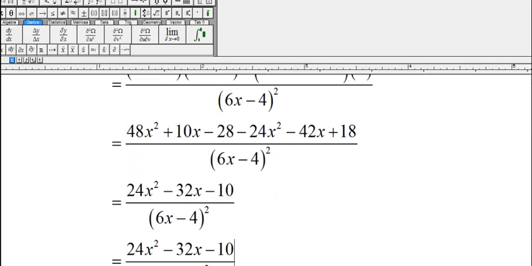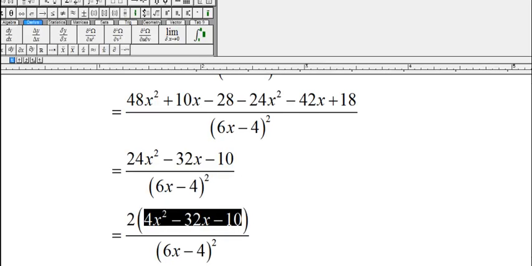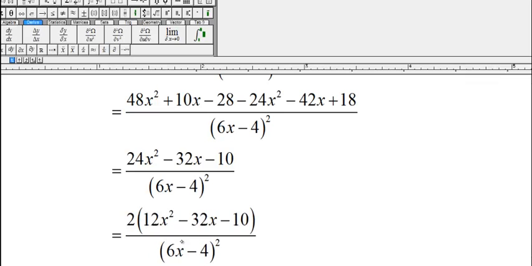Let's see if we can do any factoring with this because it started factored. Looks like I can factor out a 2 in the top, and then 24 divided by 2 is 12, 32 divided by 2 is 16, and 10 divided by 2 is 5. And then we would see if that factors any more.